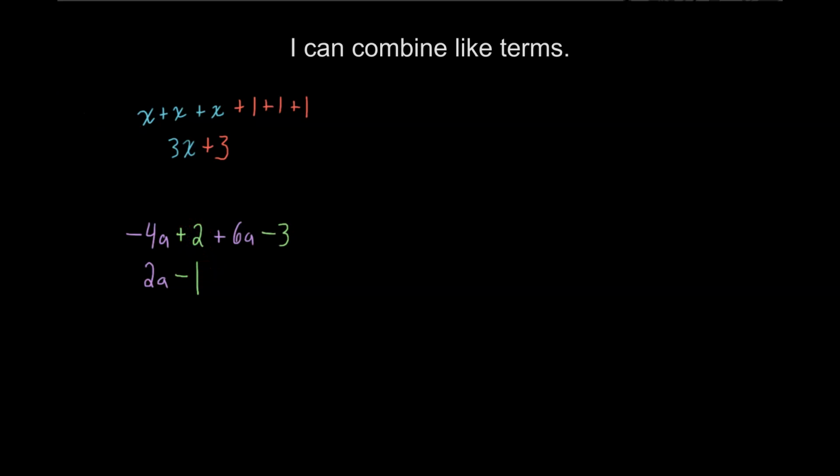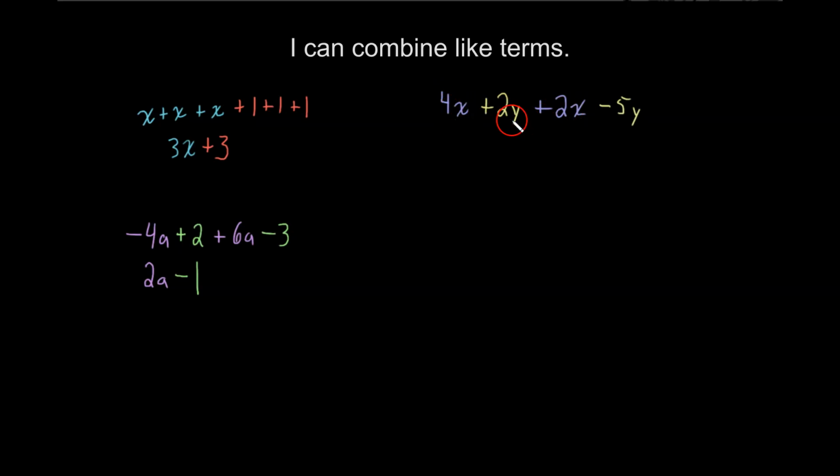Let's look at another example. We're given 4x plus 2y plus 2x minus 5y. Even though all of these have variables in them, not all of them have the same variables. 4x and 2x both have x's in them. We cannot combine an x and a y. We can combine two terms with x variables, and we can combine our two terms with y variables, but we have to make sure that we're only combining terms that contain the same variables.